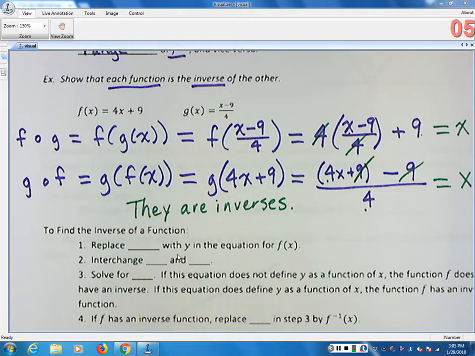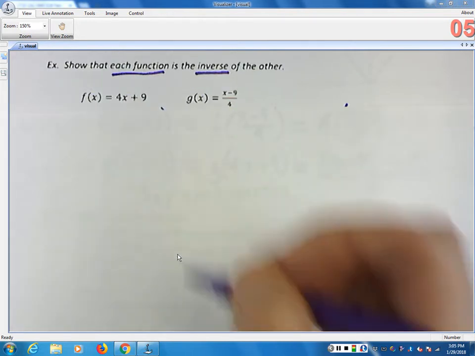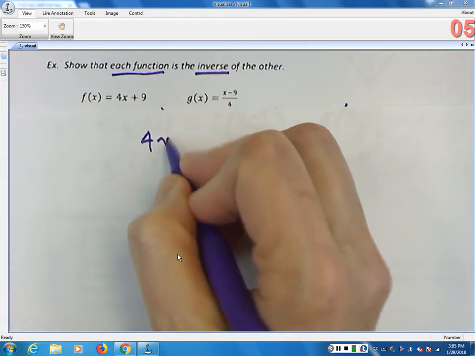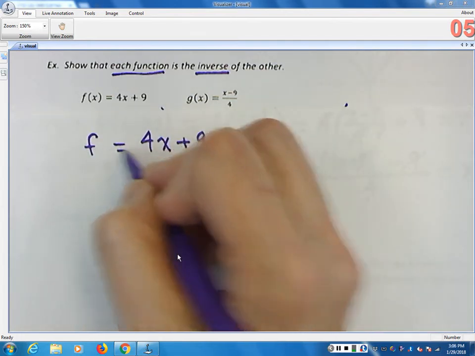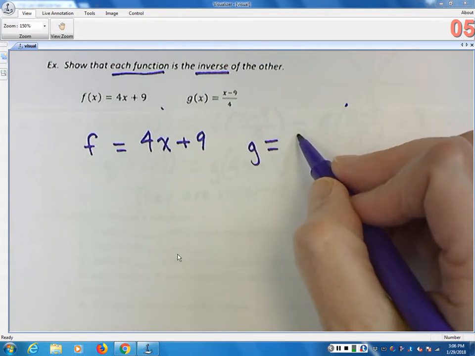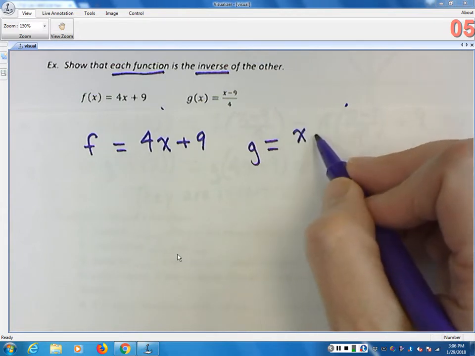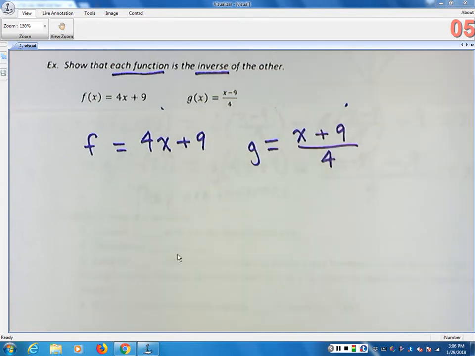Let me just show you, what if I was checking to see if 4x plus 9 and x plus 9 over 4 are inverses?